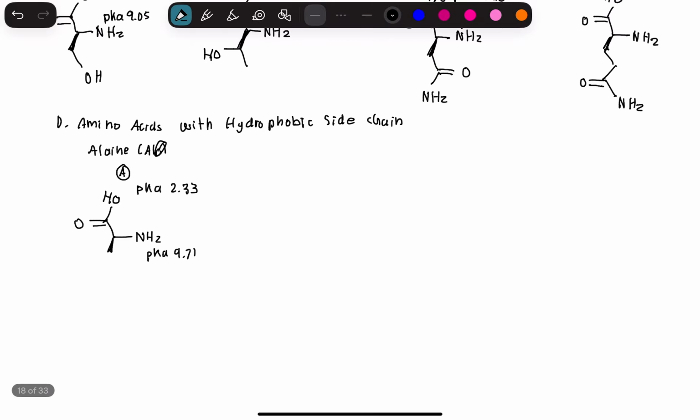Okay, now on to our next one. We have isoleucine, which is ILE, and we represent that starting off with another hydroxyl with a pKa of 2.26, and then this is going to go to this O. You have an NH2 there.